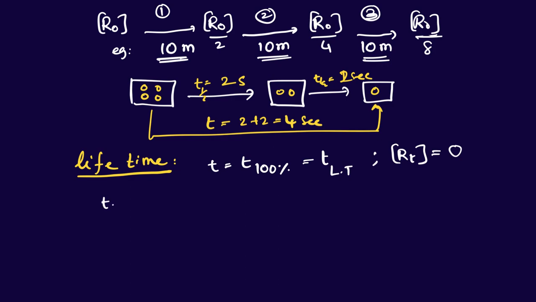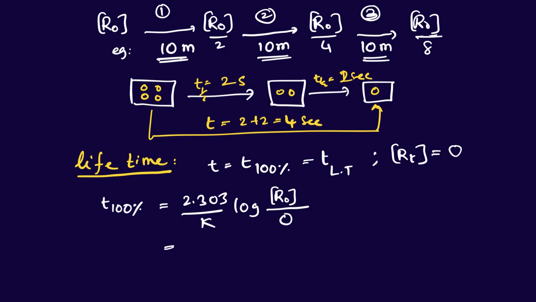Time is equal to T 100%, directly I am writing, is equal to 2.303 divided by K, log, what is that? Initial concentration R naught, and the denominator is 0 because R at T time concentration is 0. Then what will happen when you divide with 0? That is infinite. Log infinite value is infinite only.